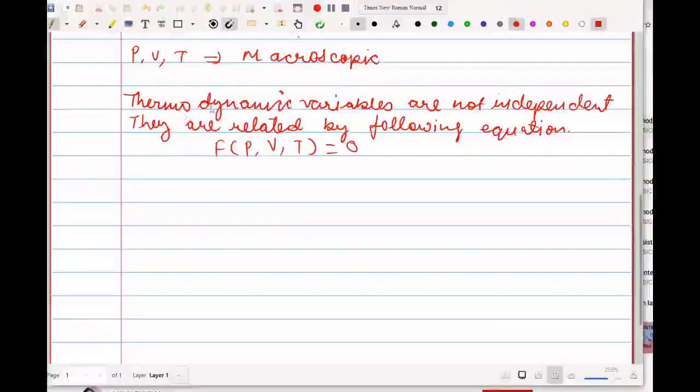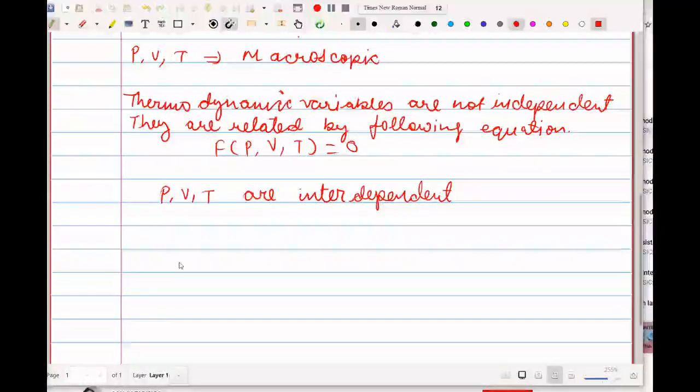So here you say that thermodynamic variables are not independent. They are related by the following equation. So here this pressure, volume and T are interdependent. Okay. P, V, T are interdependent variables.